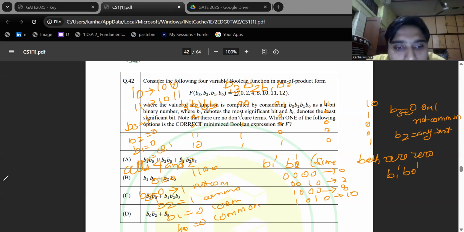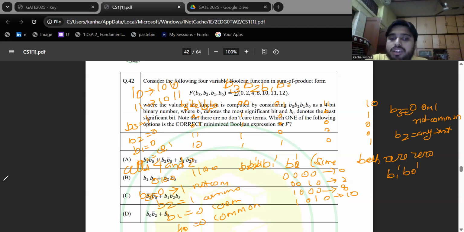This is the group 3 case. And group 3 gives basically B3, B2 dash and B1. So B3 for 1 and dash means 0 here. So this is one of the cases which is given.